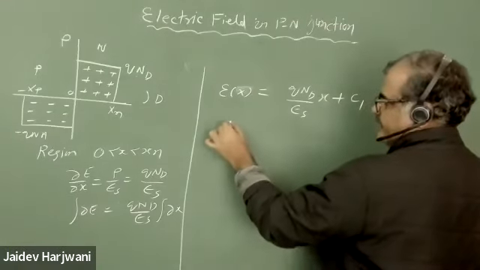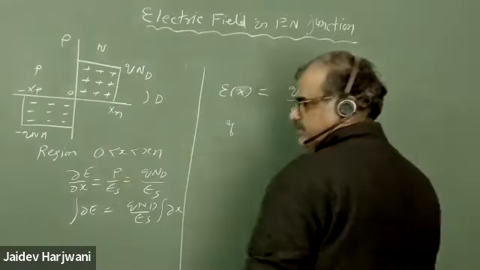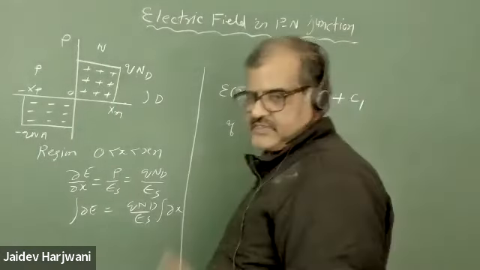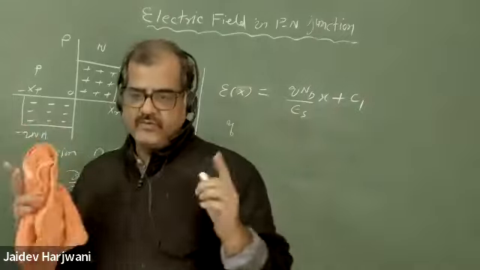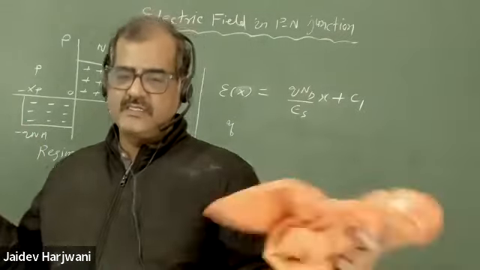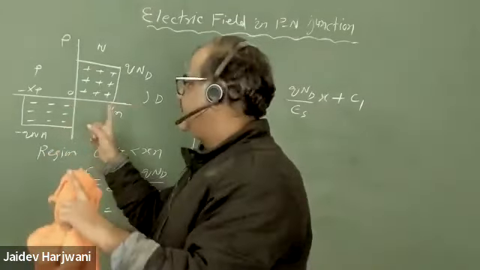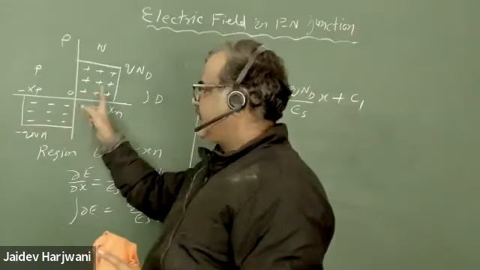Now I know the field exists only within the depletion layer width. If you go to regions beyond the depletion layer, there is no electric field because the charge is only concentrated in this region, so the electric field is only here.